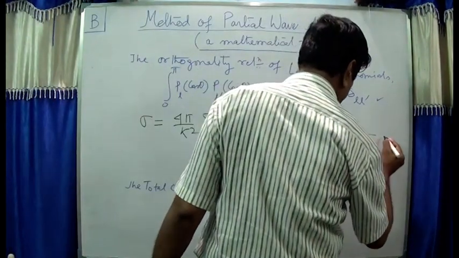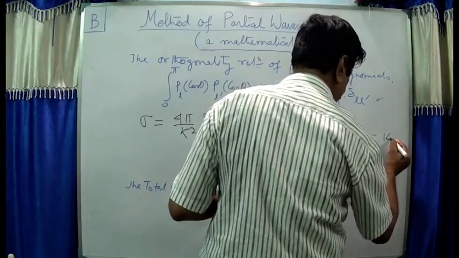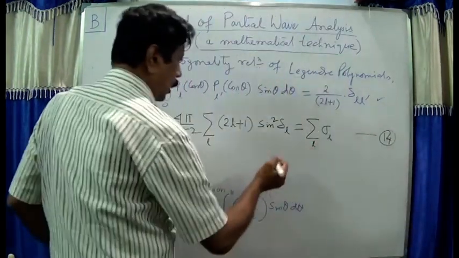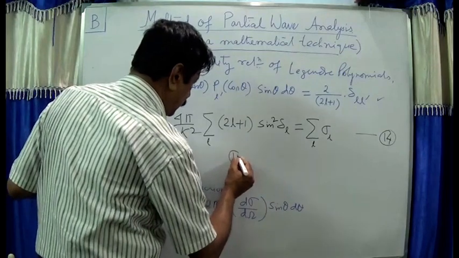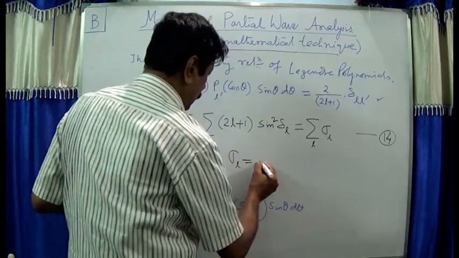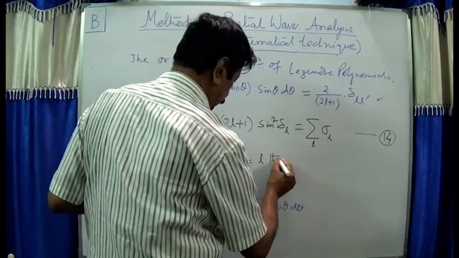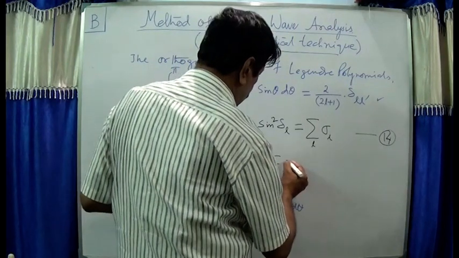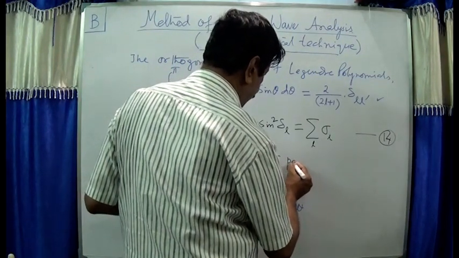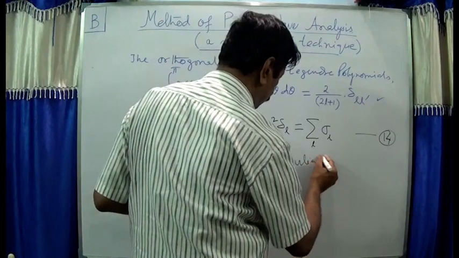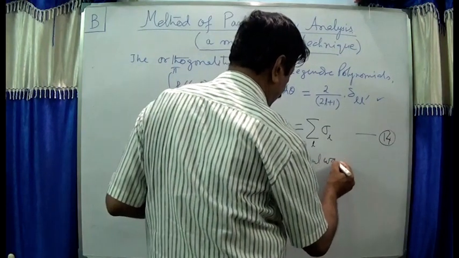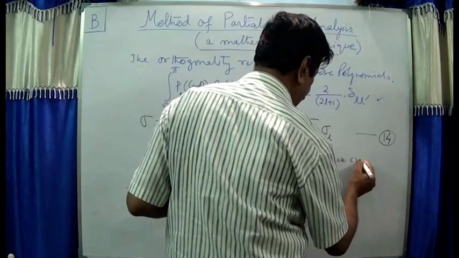So, say this is the expression for sigma L, which is known as the Lth partial wave cross section.